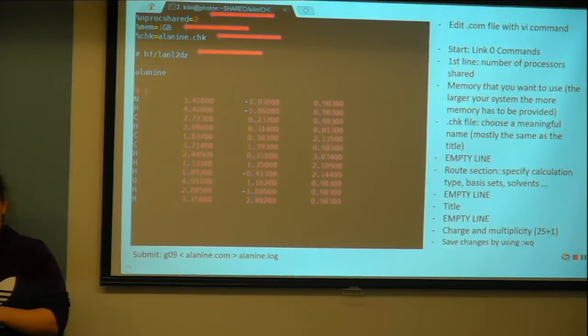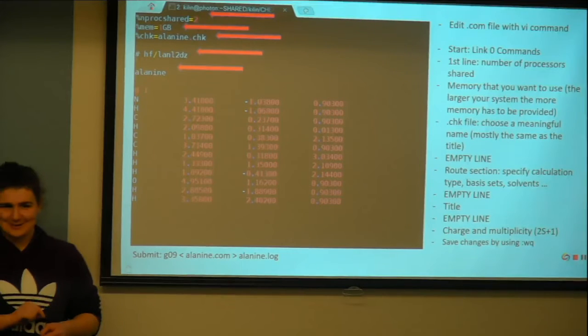Then we have the command line where we specify the job type and which basis set we use. We can also specify pseudopotentials if we have heavy metal elements, or solvents. It's important that you start with this hashtag. Then we have another empty line, which is really important.